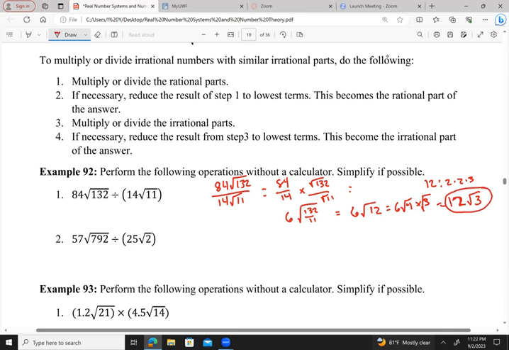All right, dividing again. We have 57 over 25 times the square root of 792 over 2. 792 divided by 2 is 396. Looking at the factors of 396, I see 2.